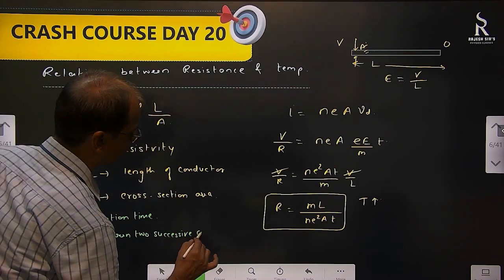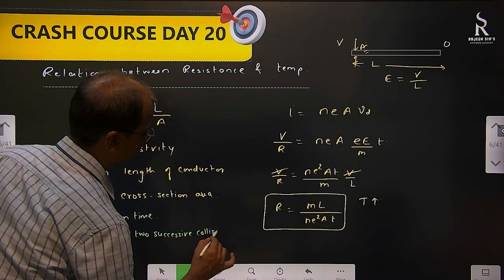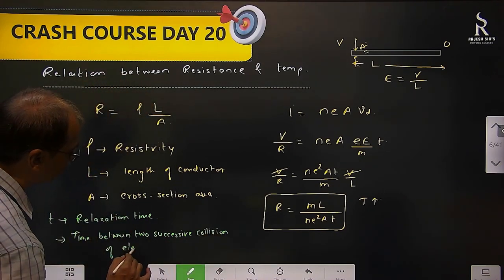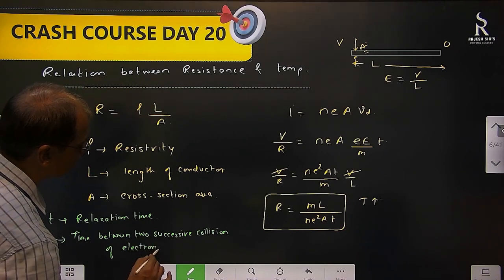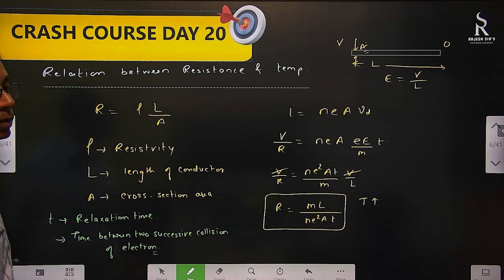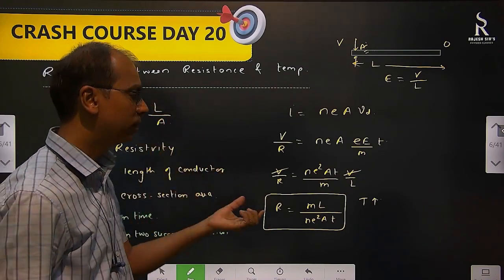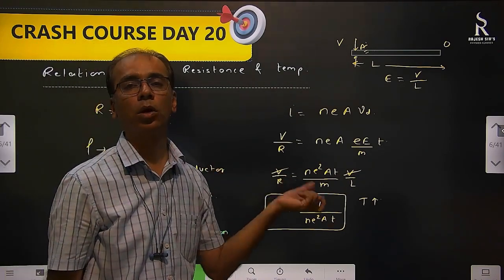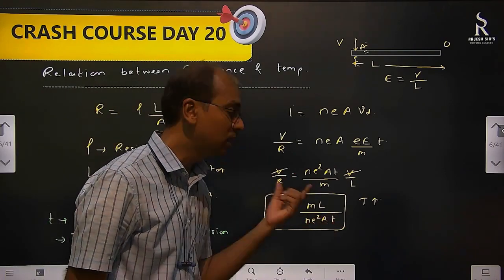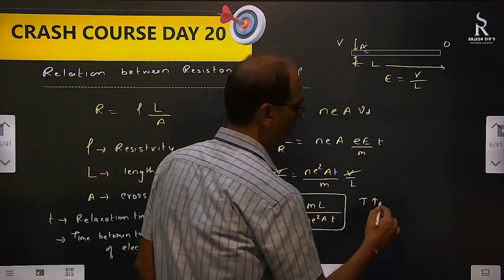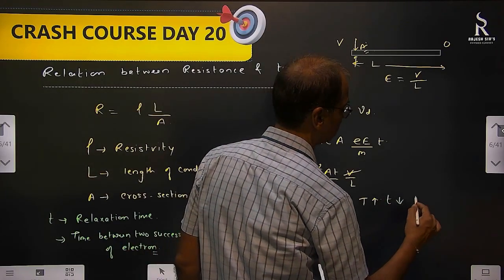Okay, so what we are saying now, once the temperature is increased, speed of electrons increase. Which speed? Random motion speed. So because of that they collide more and more. So because of that this T decreases. You increase the temperature, T decreased, and if T decreased, R increases.